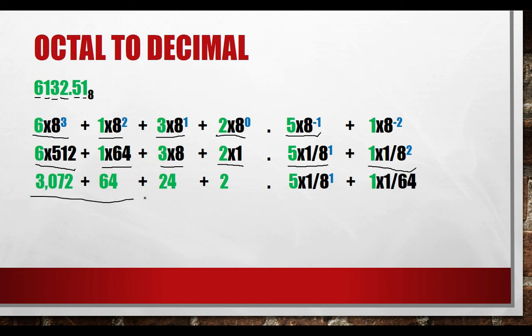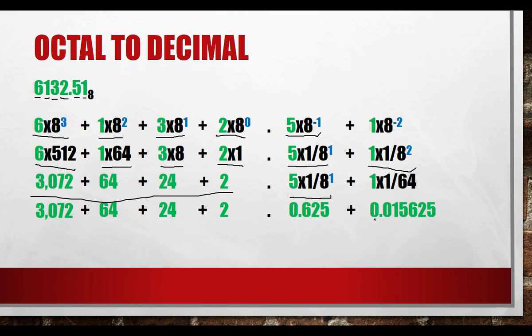Okay, so let's just copy everything from the whole number part, and then let's work on this. 5 times 1 over 8 gives us 0.625, plus 1 times 1 over 64, which gives us 0.015625. And then let's add them all. This results in 3162.6406.